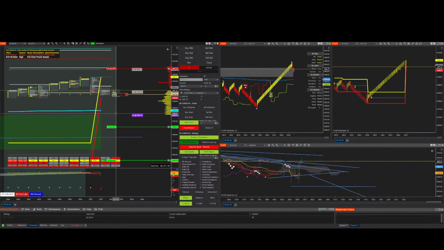Let's see what it's going to do. It is really pushing the limits here. We lost our background here with the B4 cloud. You can see the gray candles. We went from bullish candles to gray.